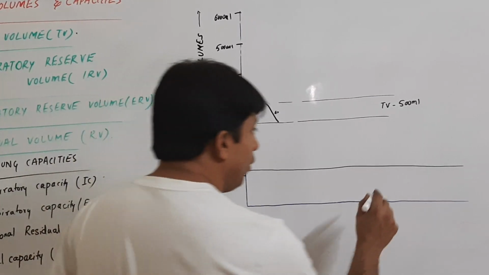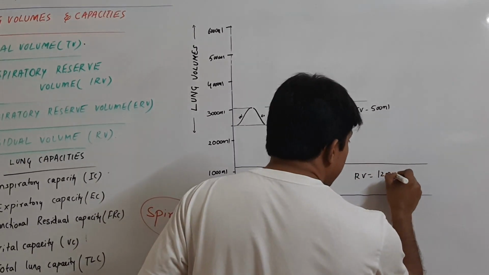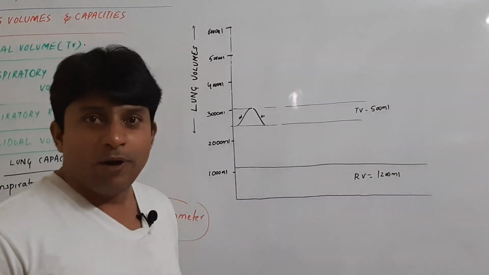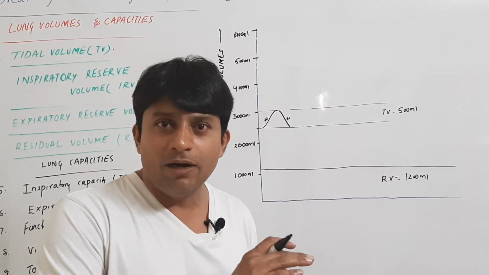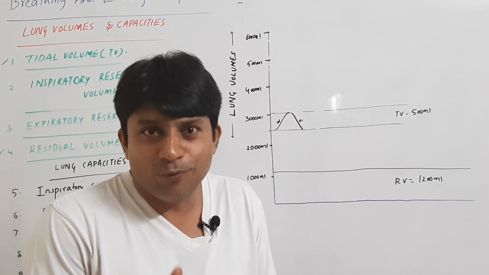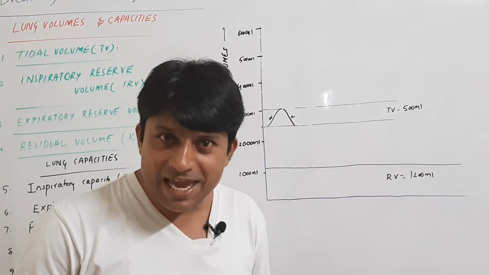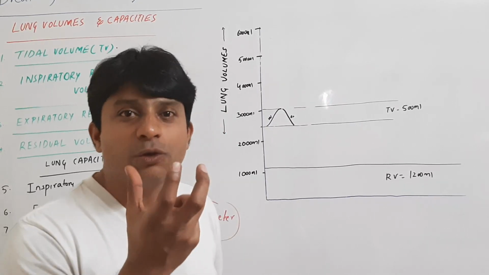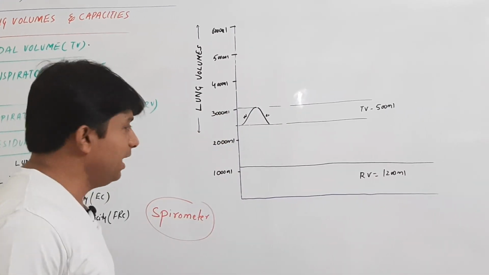So this is residual volume. Residual volume is 1200 milliliter. This is the volume of the air which is not involved in any kind of exchange. The question is, why is this volume present? Because this volume is to keep the alveoli of the lungs open. For that, this volume is present, which is 1200 ml, right?